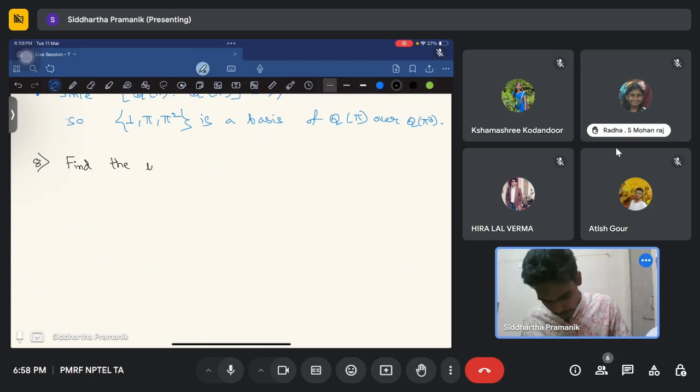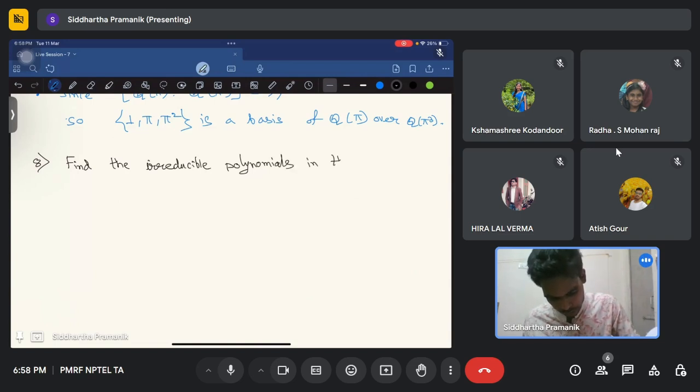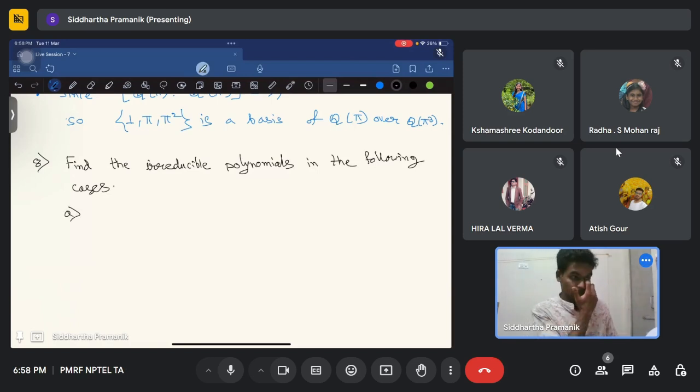Find the irreducible polynomials in the following cases. Okay, so first one is, you take cube root of 2 plus cube root of 4.